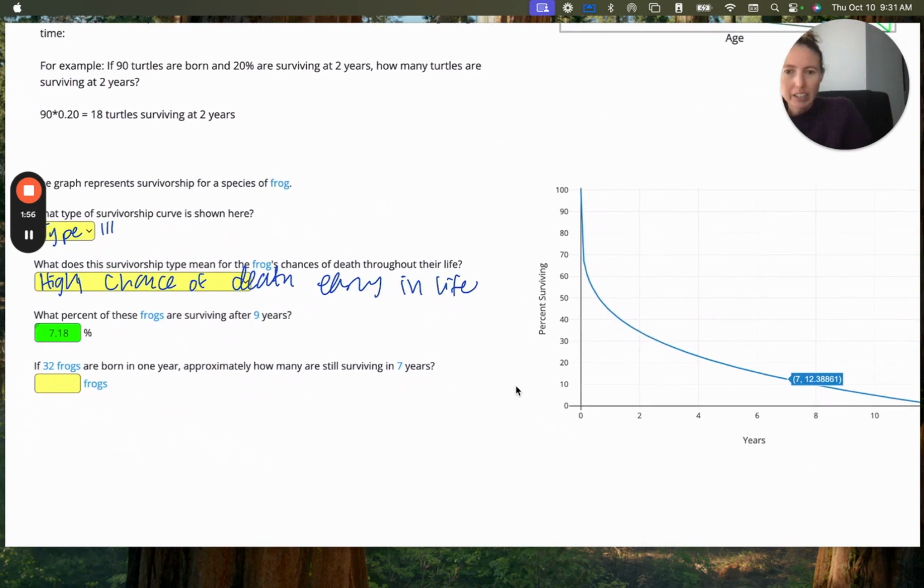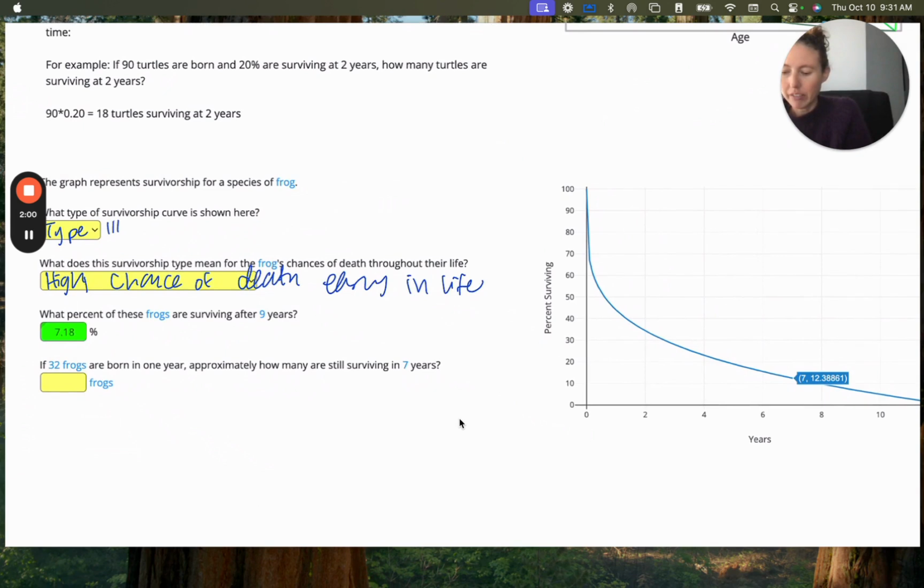To find the percent that survive at a certain time, what you can do is hover over the graph. This is a screenshot, but on yours, it'll show up a little ordered pair like this, so you can see what a given x value's y value is. So if you hovered over here at 9, you could see the number.